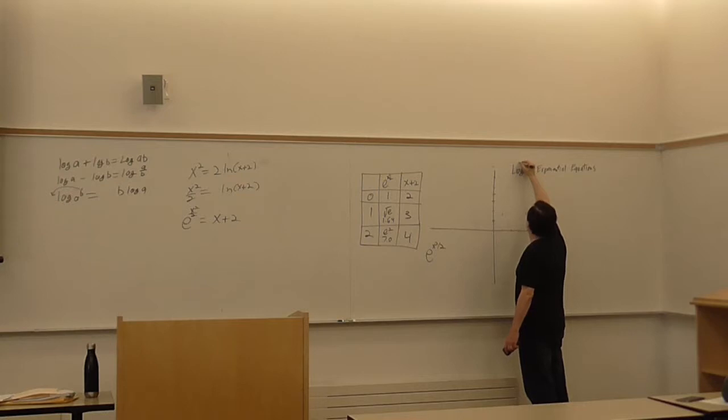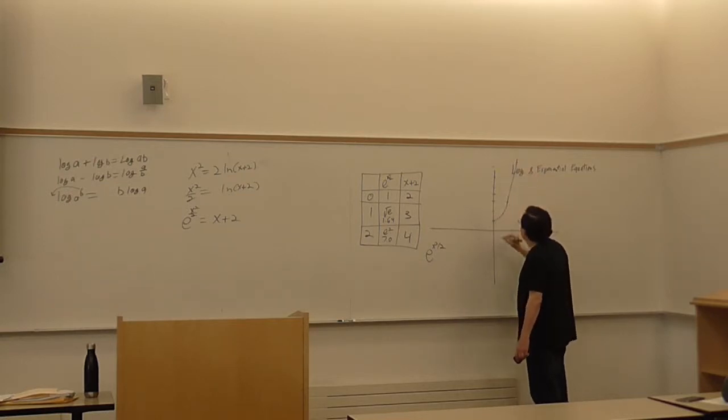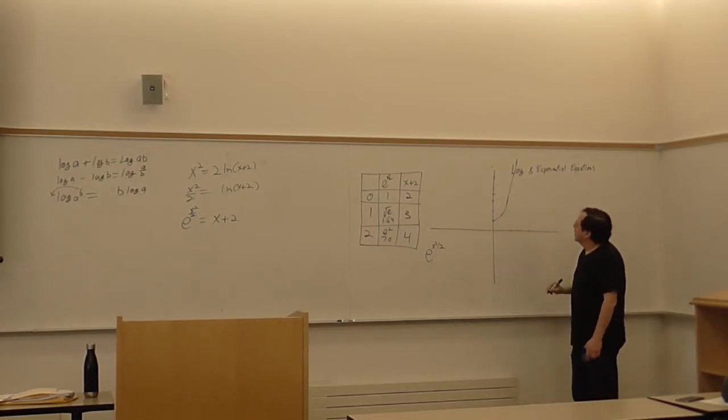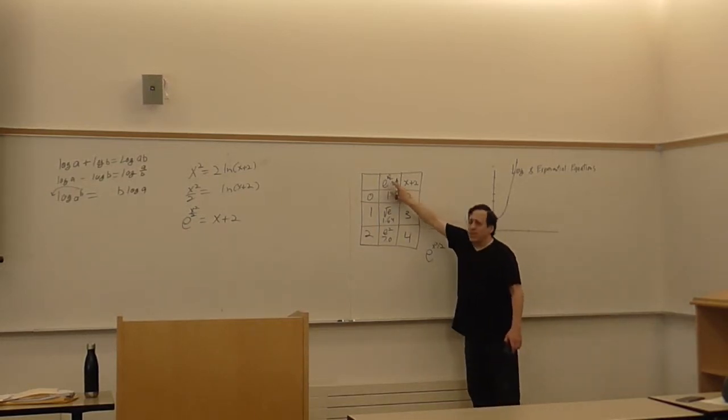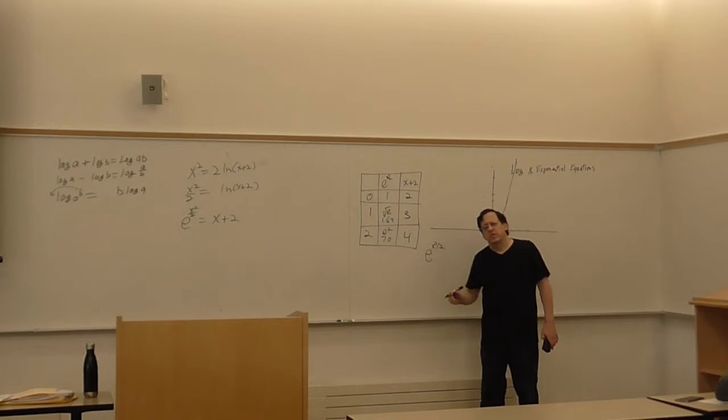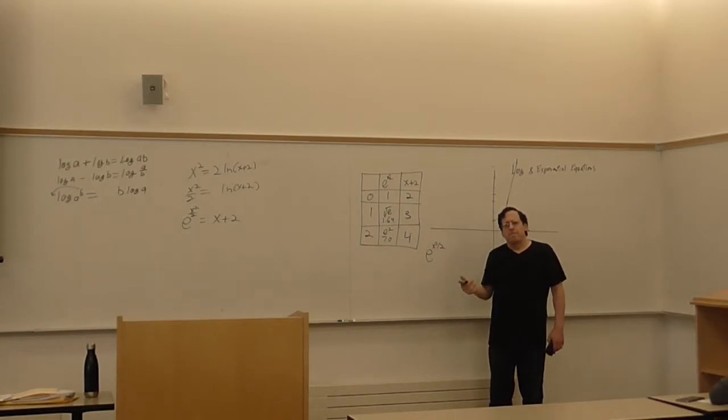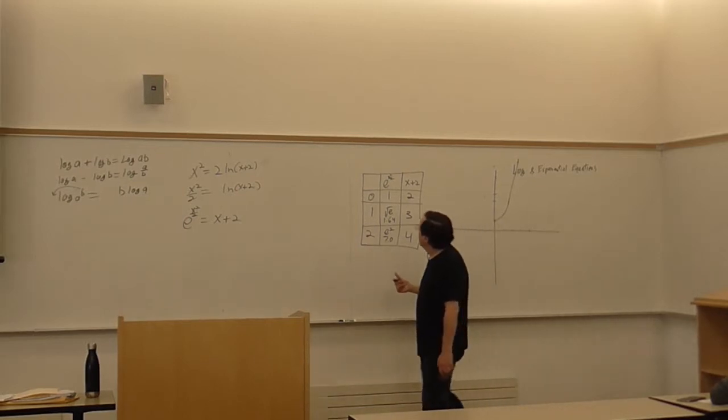It's all the way up here already. So it's kind of looking like this. But of course it's x squared, right? That tells me something about the function right away.